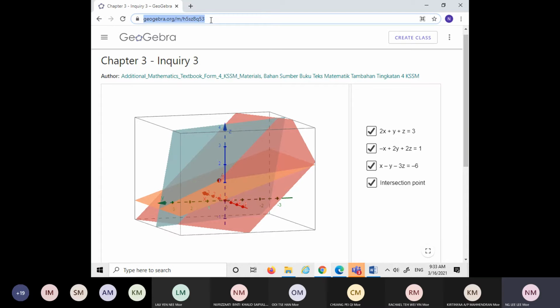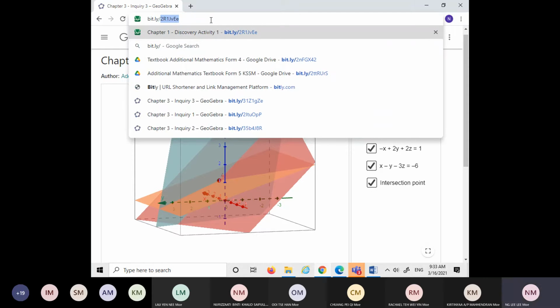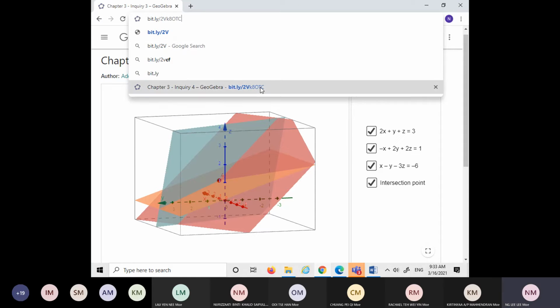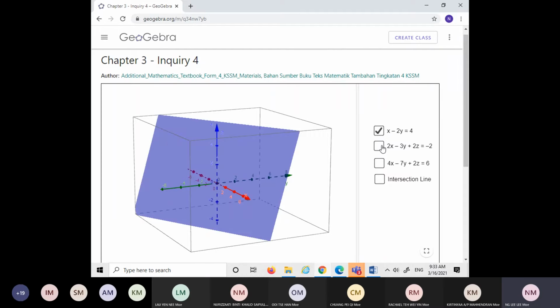Now we go to the second type of solution, which has infinite solutions. We want to see the planes intersect along a straight line. So first one, second one. You see, so far for these two, I can see they intersect at this line.